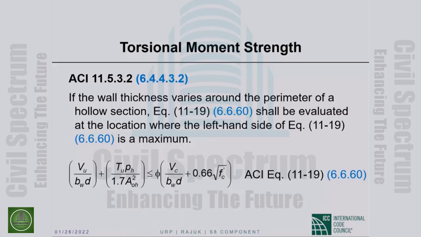Okay, I think it is understandable upon reading. If the thickness varies, then you will check this limitation where it is the most critical. The left-hand side is maximum.